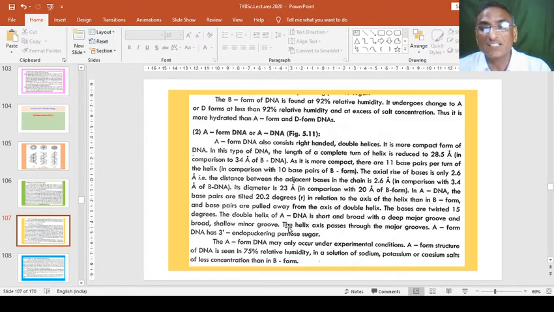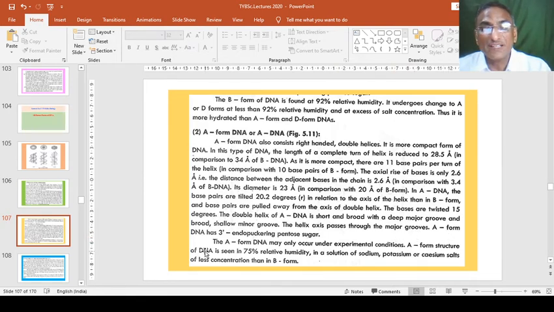The double helix of A DNA is short and broad, with a deep and broad major groove, whereas a shallow minor groove appears, and the helix axis passes through the major grooves.